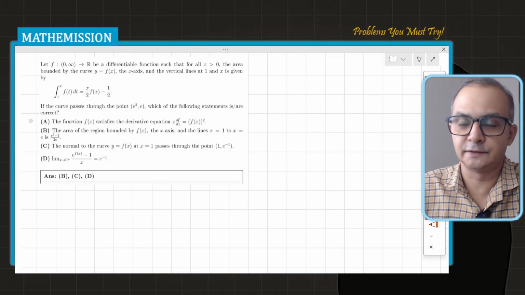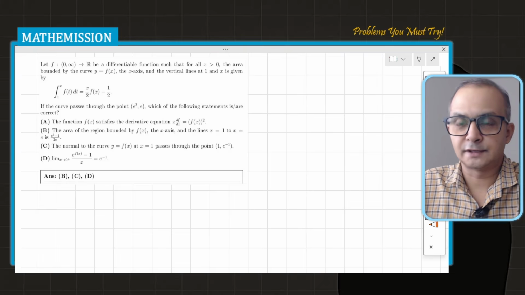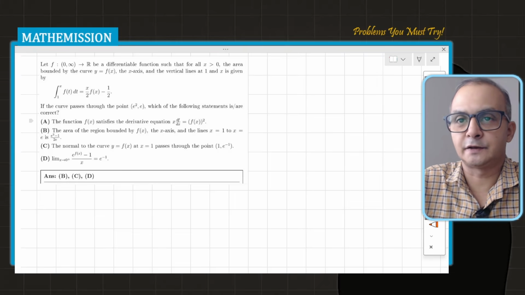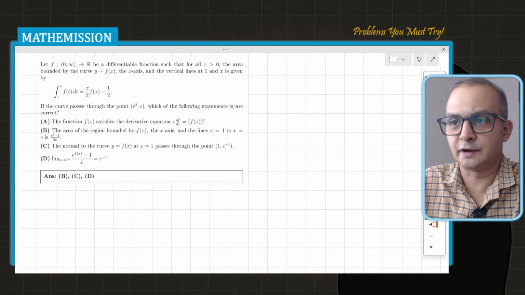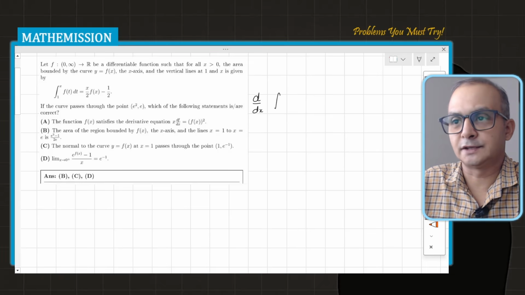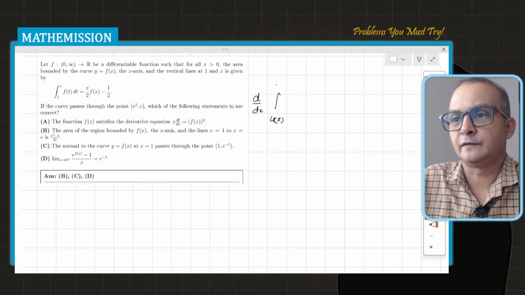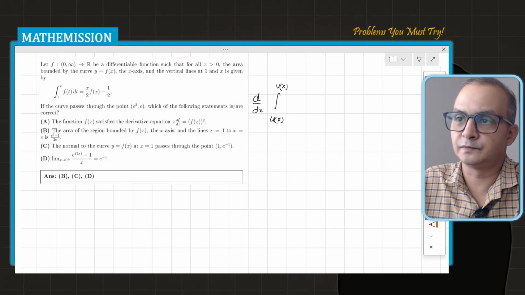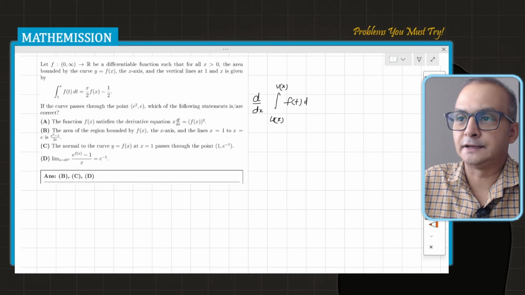So you know the Leibniz rule of differentiation; let me just show you what this is. Suppose I have two functions here, u(x) and v(x), functions of x, and there is a function f(t) dt.